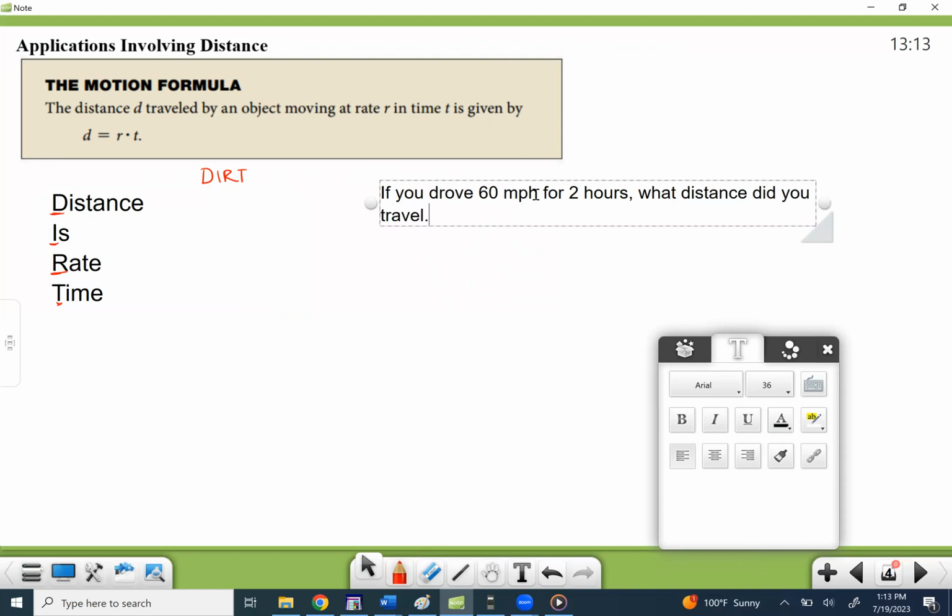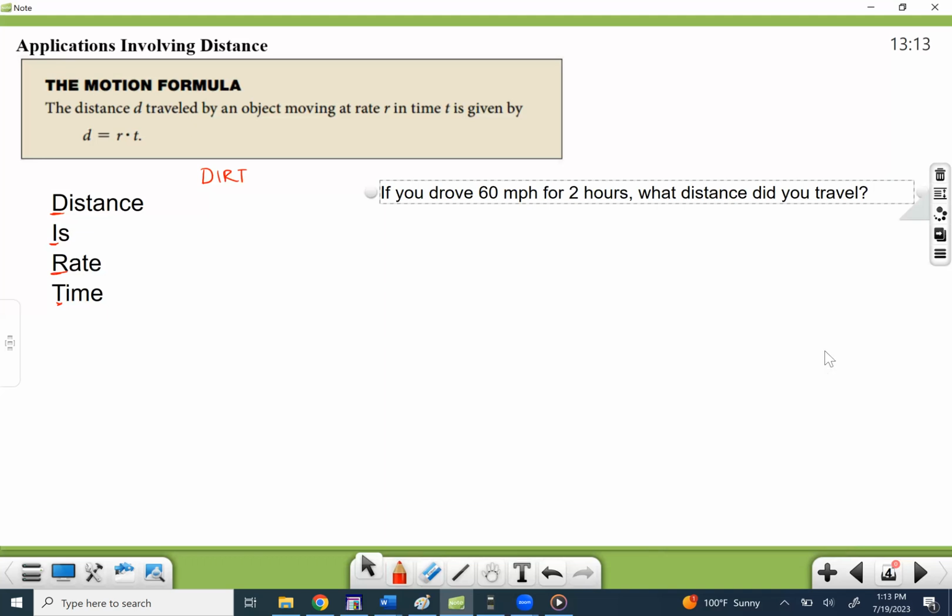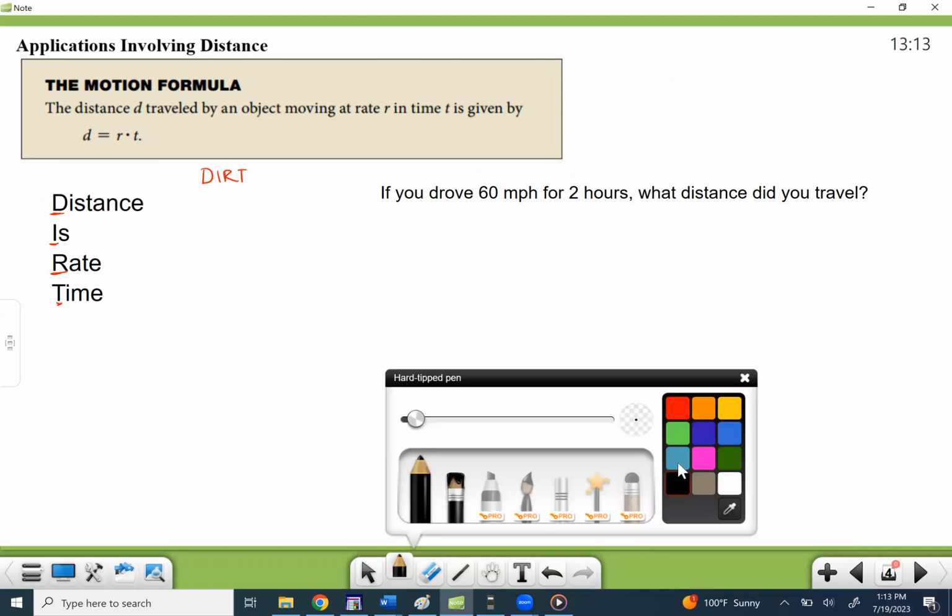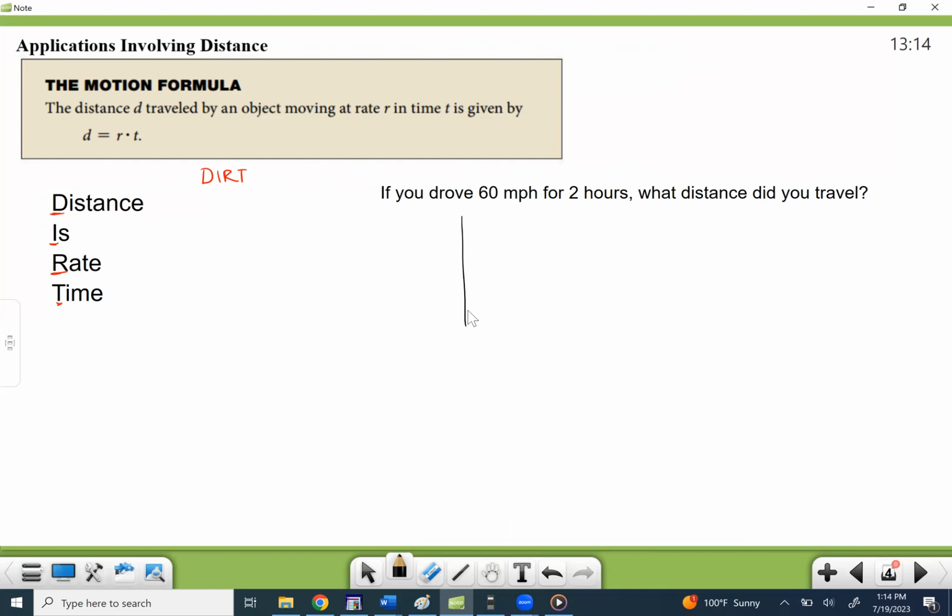And I don't want you to use this formula. I just want you to think. Don't use this formula because you can answer this. You drove 60 miles per hour for 2 hours. Okay. Well, let's make this the hours and let's make this the distance. In the first hour, you drove 60.